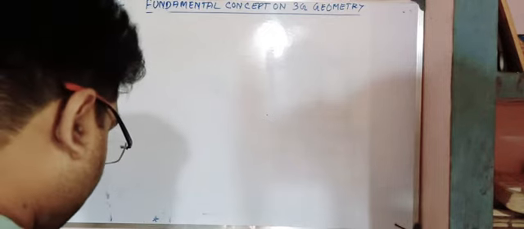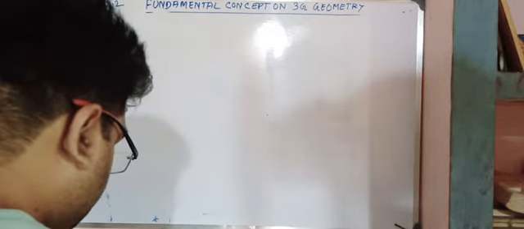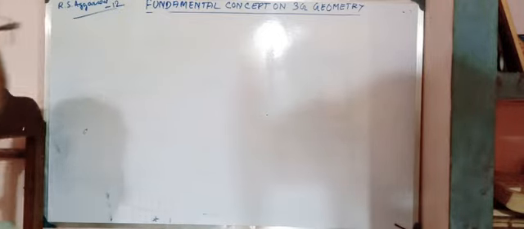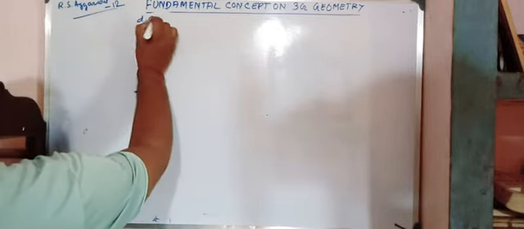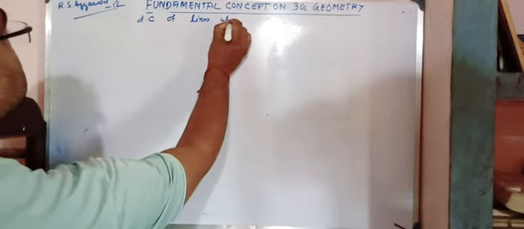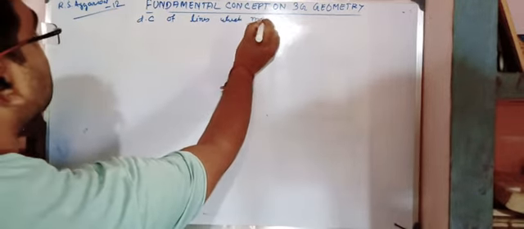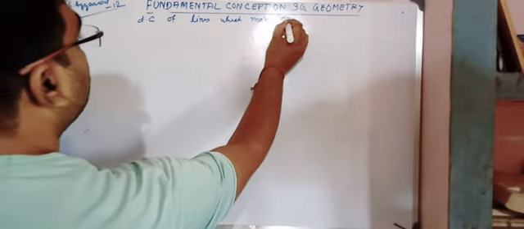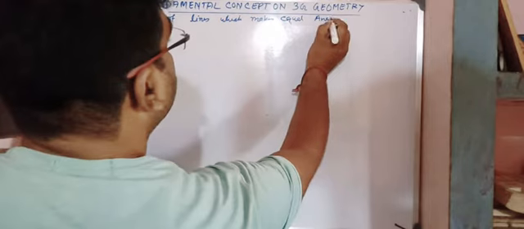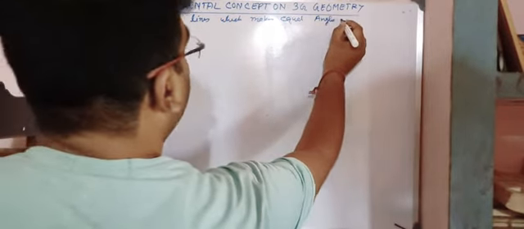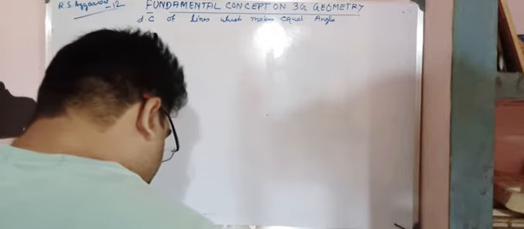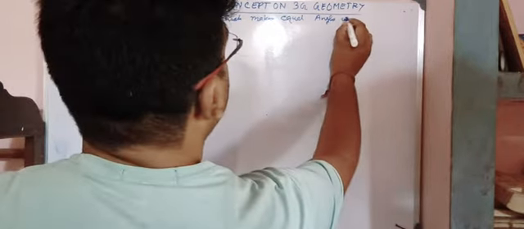So we have to find the direction cosines of a line which makes equal angles with the coordinate axes.